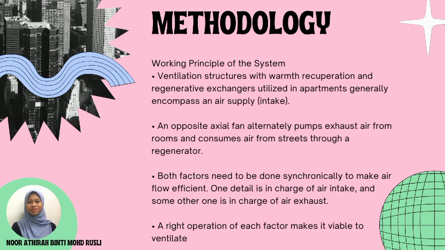For the working principle of the system, a ventilation structure with warm recuperation and regenerative exchanger utilized in apartments generally encompasses an air supply, which is an intake grill positioned in a room, an axial fan, filters to smooth the air, a ceramic thermal conductor, and an outside grill with constant blind.